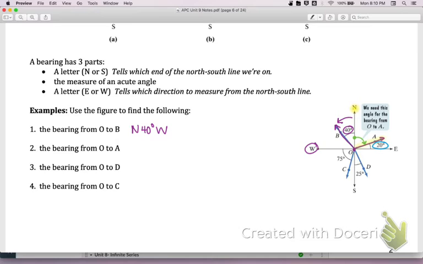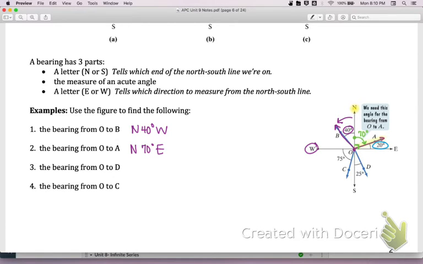Now, we know that north and south and east and west are perpendicular, so we know this is a right angle, which means this angle here has to be 70 degrees. So that's why we need the 20, but the answer for the bearing, we have to use that top angle there. So this is going to be north 70 degrees east, okay?